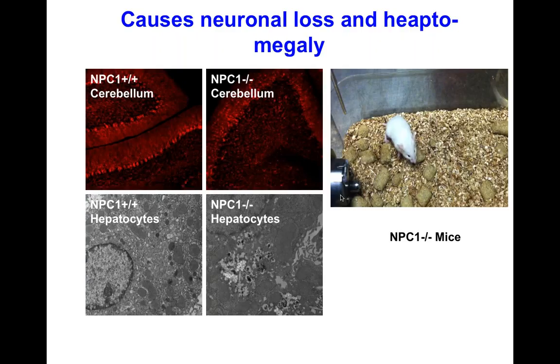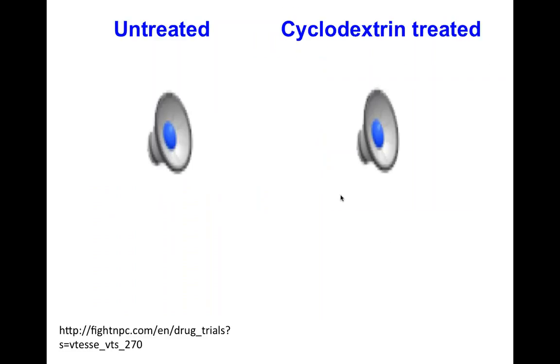A child that has deficiency of NPC1 starts to develop neurodegeneration. It's called Alzheimer's for kids. You see a slow lapse of memory, ataxia, loss of cognitive function, and death. The median age of survival for these kids is 20. So there's no drug available for treatment of this devastating disorder.